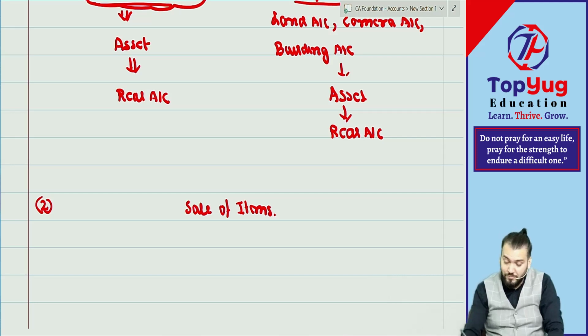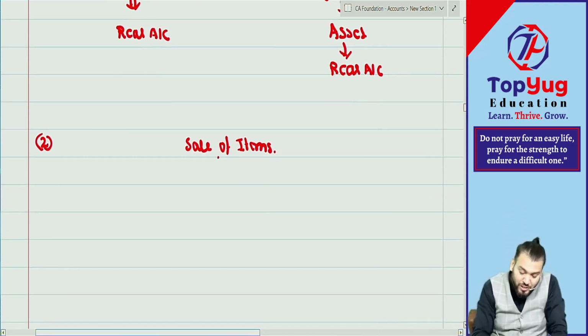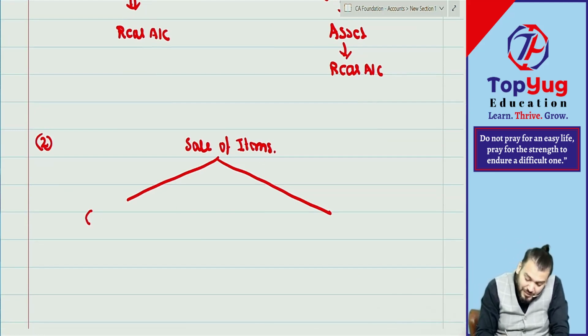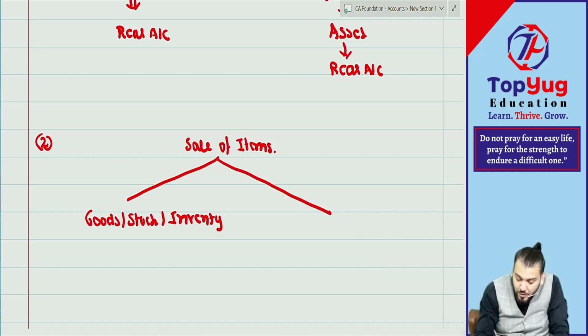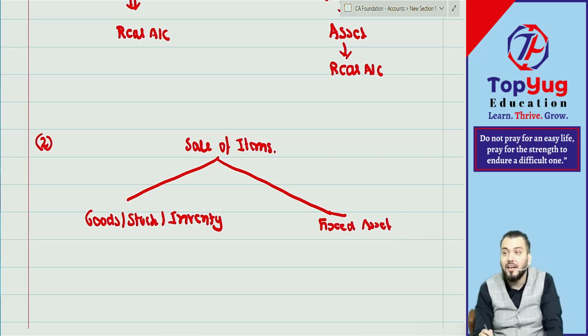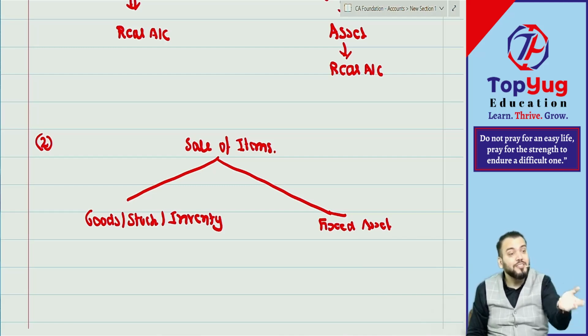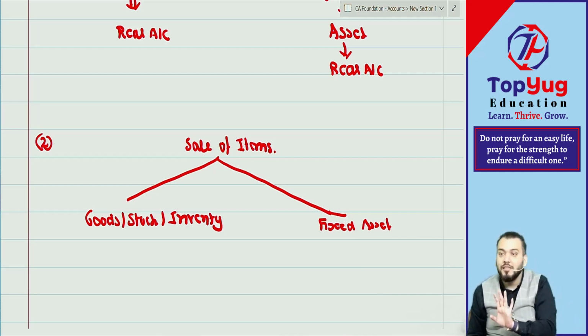Now the question is what you are selling. If you are selling, this item is goods or stock or inventory. Means you can sell your inventory or you may sell your fixed asset. Now you have understood when an account will be inventory, when an account will be fixed asset. Whatever you have purchased, someday you will sell it.